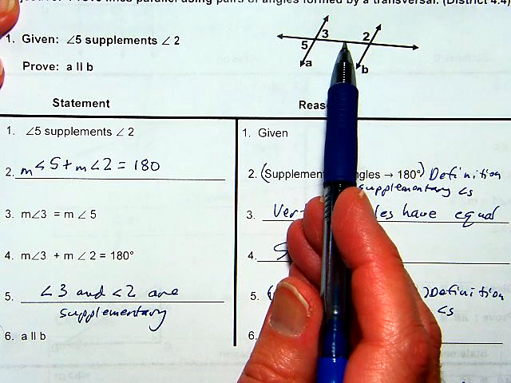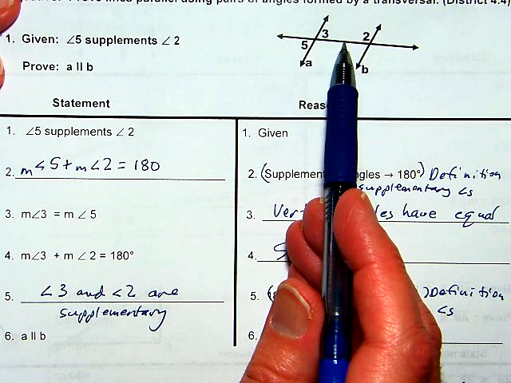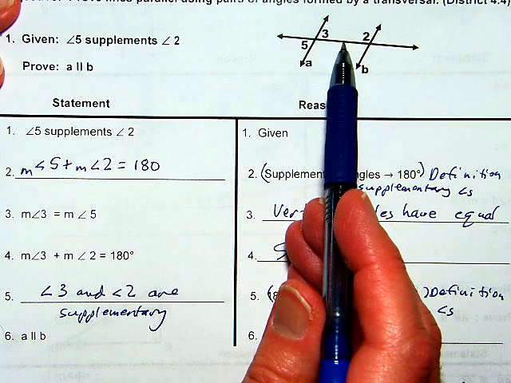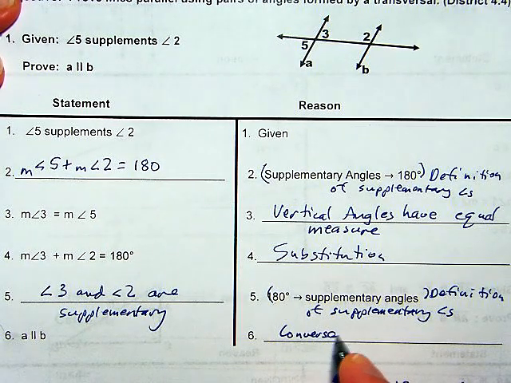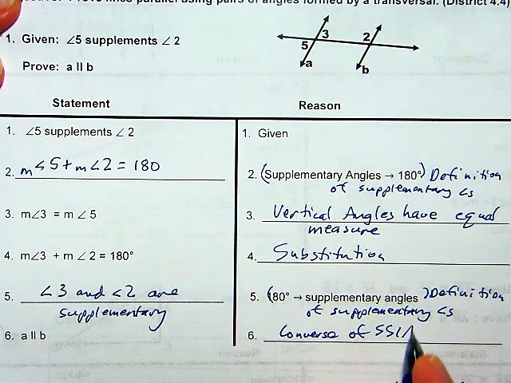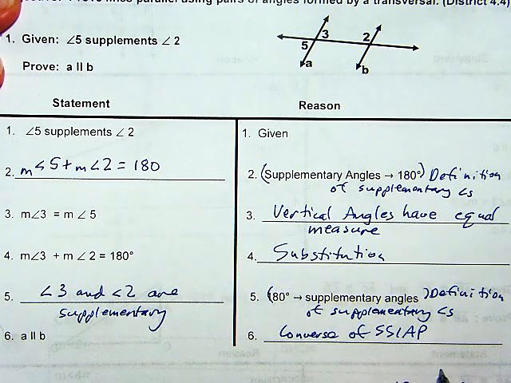Okay, and the converse of the same side interior angle postulate allows us to conclude that these lines are parallel. Remember again what the same side interior angle postulate was and what its converse is. The same side interior angle postulate tells us that if two parallel lines are cut by a transversal, so we're starting with parallel lines, then they're cut by a transversal.